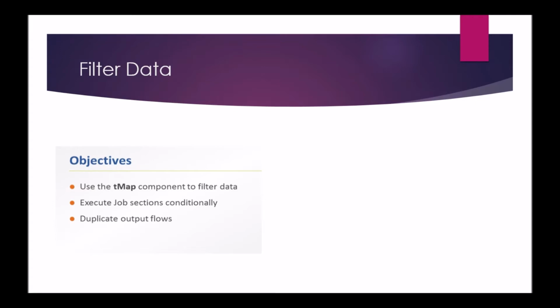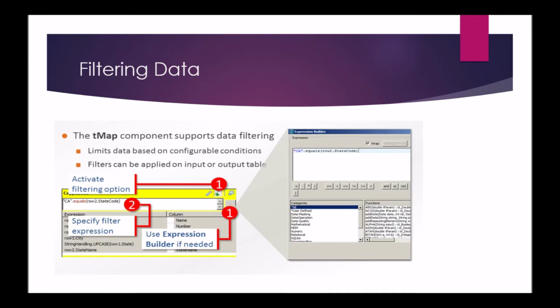So let me start filtering the data. Firstly I will complete these slides, then I will show it practically. Okay, so first is filtering data. By using a tMap component, I will provide some filtering conditions inside it.